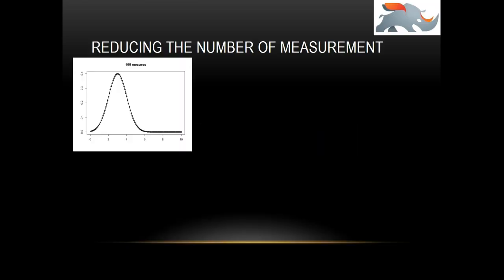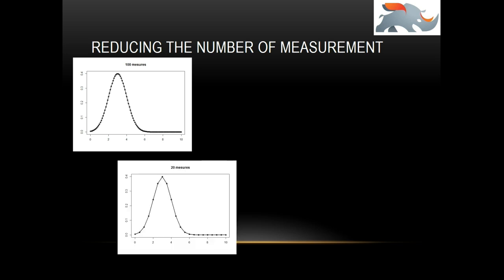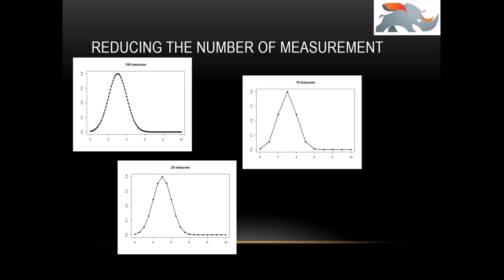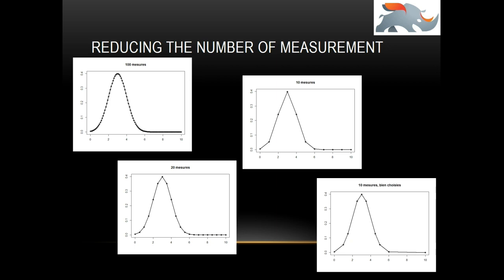We can also reduce the number of measurements. So this is a trajectory with 100 measurements, and we can use some kind of algorithm that will extract some points to keep the same shape for the trajectory with fewer points. So this is with 20 points, this is with 10 points and a bad algorithm, and this is with 10 points and a better algorithm.